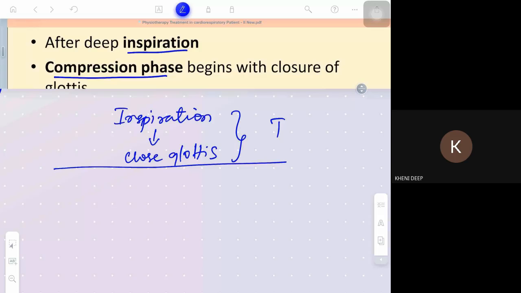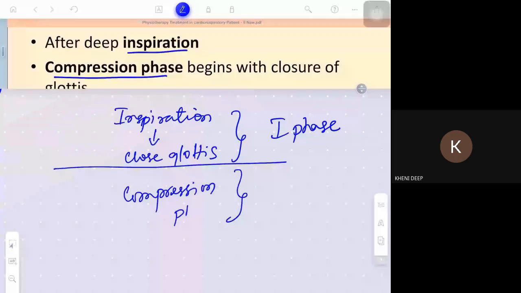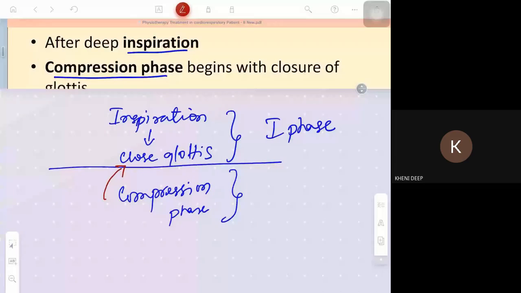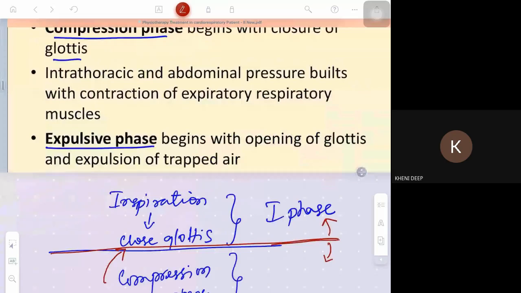What is the second phase? Compression phase. When does the compression phase begin? When the glottis closes. So either you can say the inspiration phase terminates, or you can say the compression phase begins. Both the lines are the same.